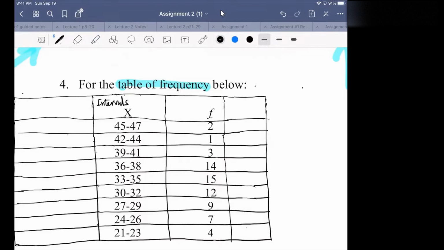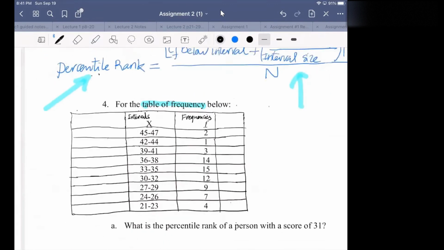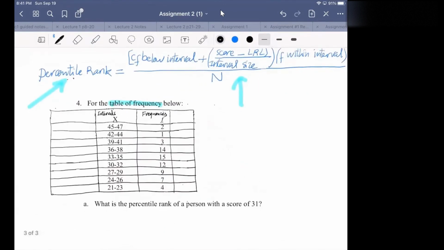And you're given the frequencies. So you still have to find the other items, such as the cumulative frequency below interval, the lower real limit, the interval size, and the sample size.